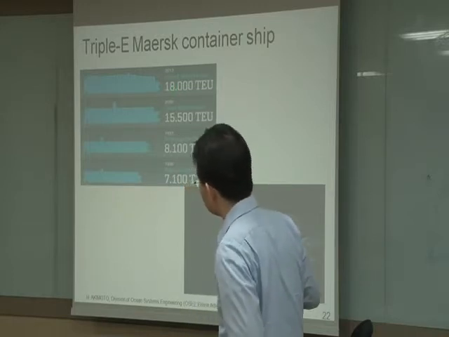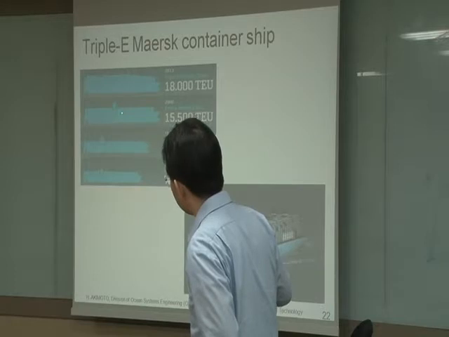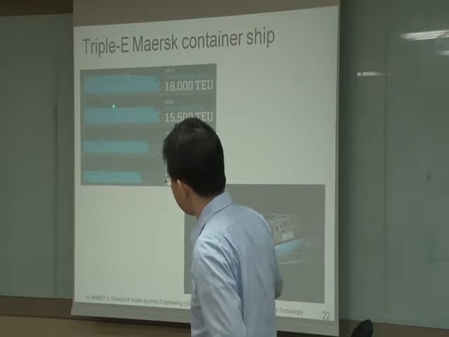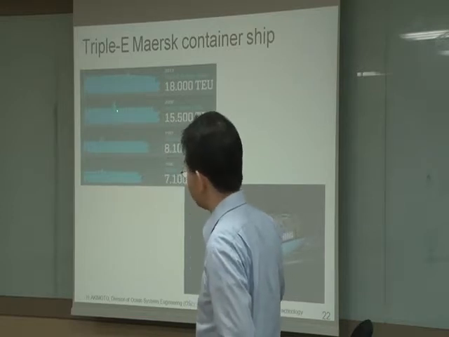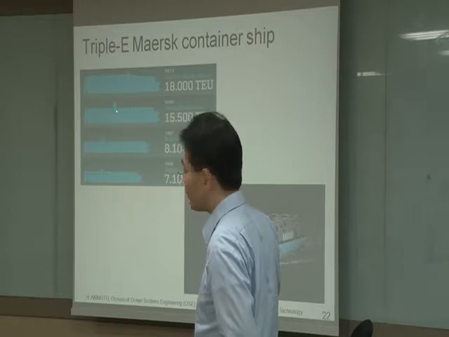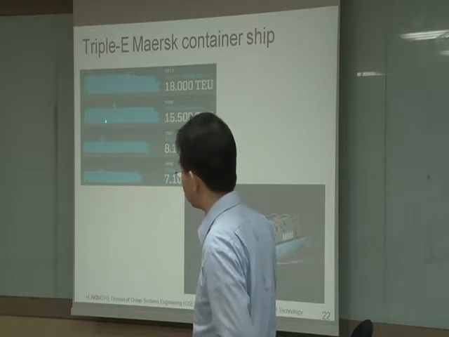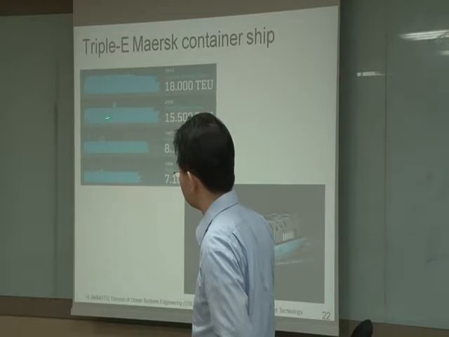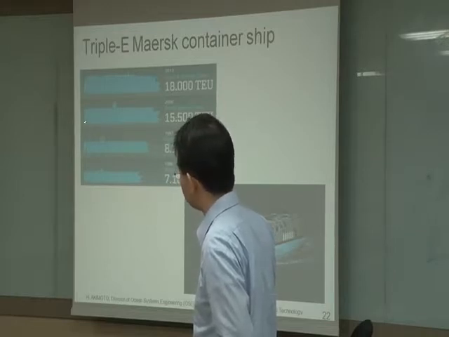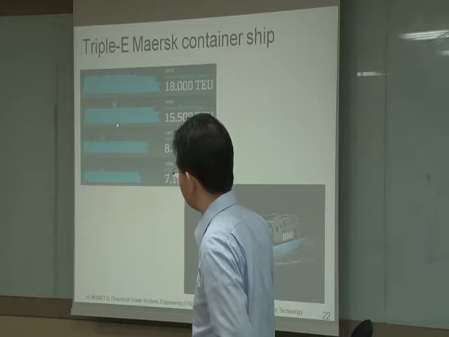You can see the difference. In Emma Maersk, the island is here. The island indicates it has bridges, control room, and funnel. The funnel is also here, so it indicates the engine is installed in this position. So it has a transmission length of this scale.